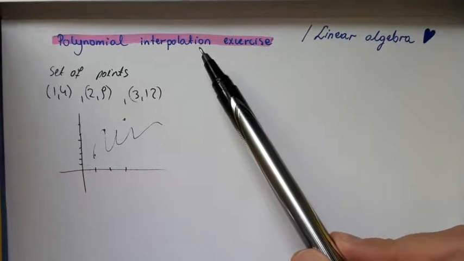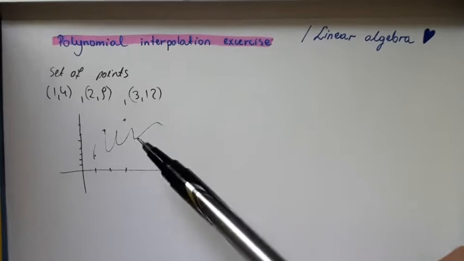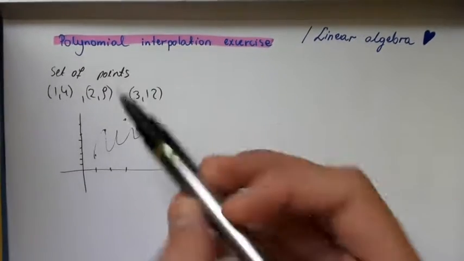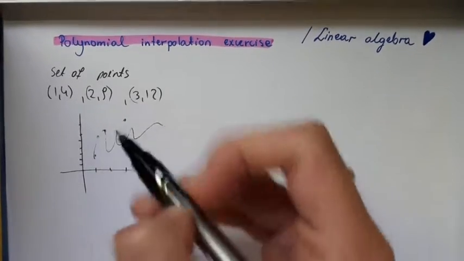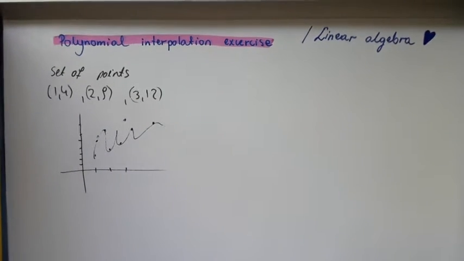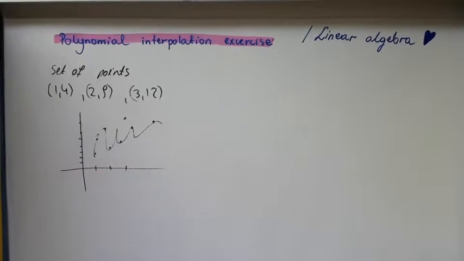By polynomial interpolation, we can predict what this polynomial will be and therefore discover other values on the graph. So it's kind of a prediction. It's very useful.